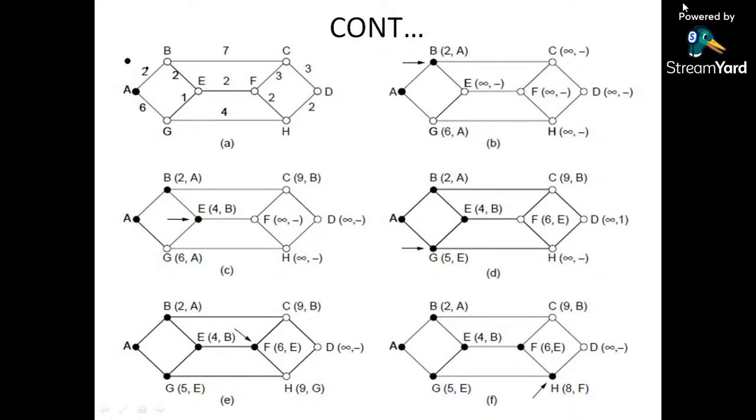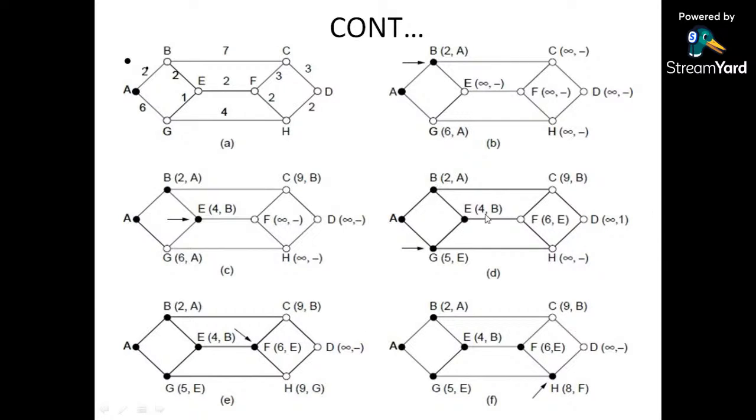So the smallest cost is 2, so we adopt B with distance 2 from A. Now from B there are two nodes again, that is E and C. So from A, C is infinity, so we move from A to B. First we accept B and then G. That is shown in the diagram.